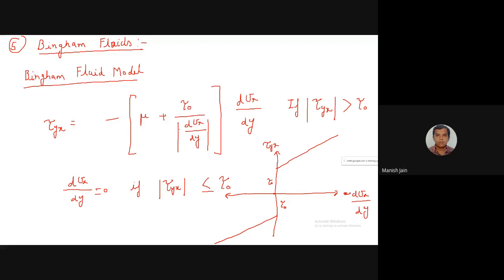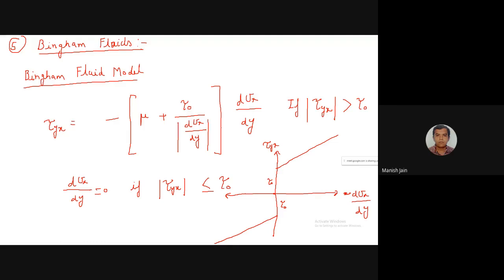Basically, the rules for removal of the mod sign will be the same. If velocity is increasing with increasing y, then you have to take the positive sign. If velocity is decreasing with increasing y, then you have to take the negative sign. You have to check that from the diagram.